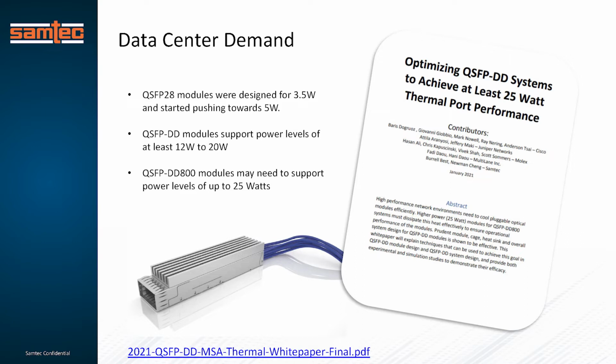And now as we're talking about QSFP-DD800, we're going to be pushing 25 watts per module. Samtec worked with fellow partners to develop this white paper attached here. We're talking about the ways to cool the 25 watt thermal system using the QSFP-DD system.